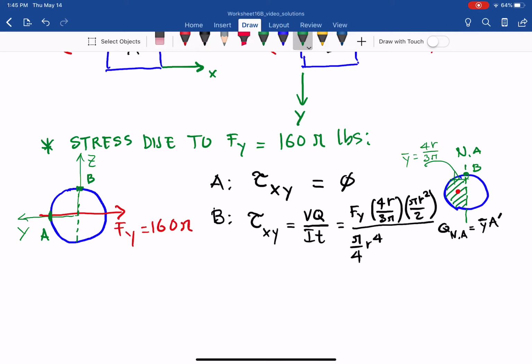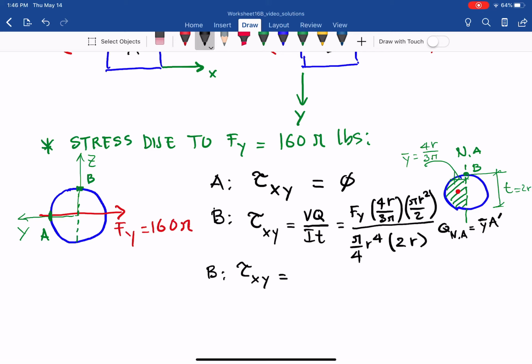The thickness at point B is the whole diameter, which is 2r, as you can see there. So we have 2r here.